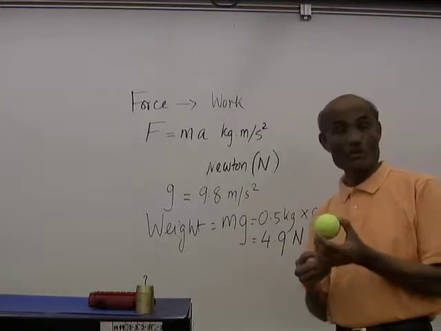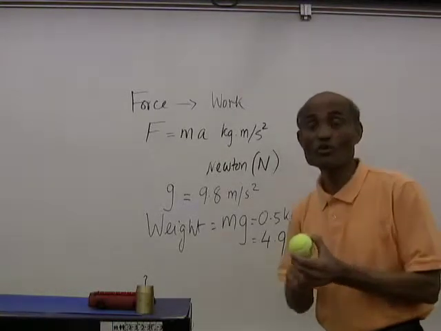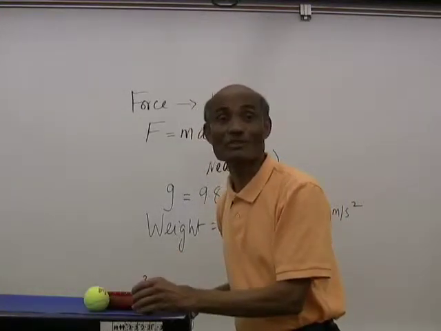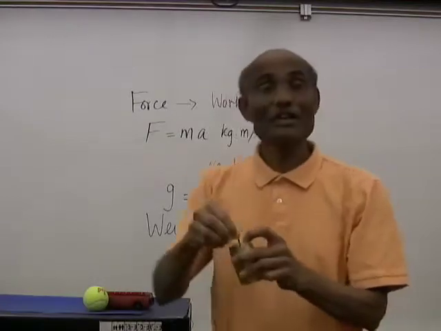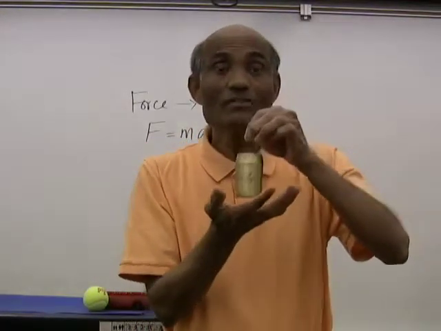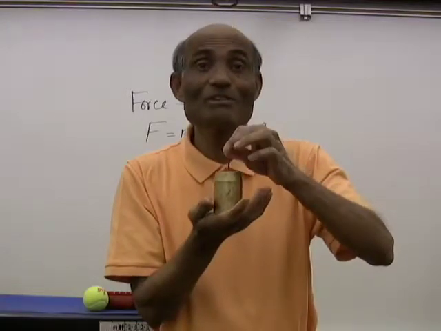Well, so you now know that the force is measured in a unit called Newton, and the weight of an object is a force. The weight of an object is measured in newtons.